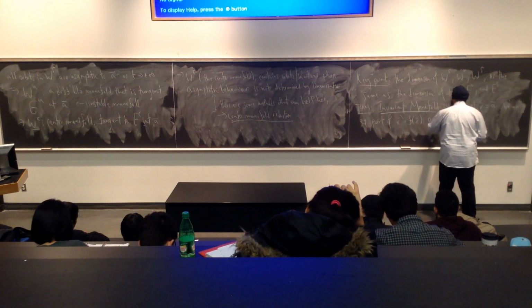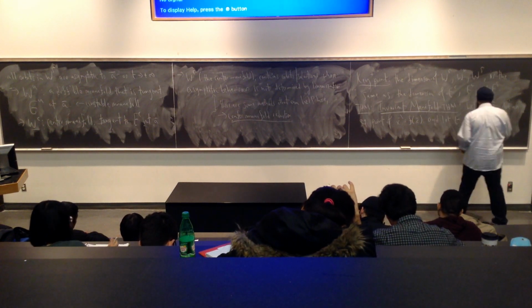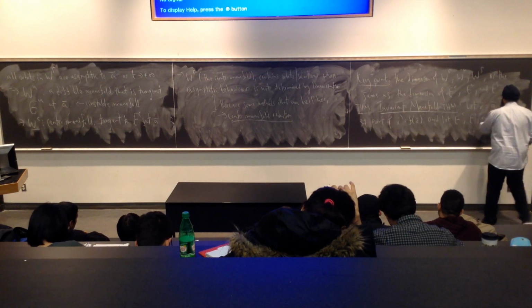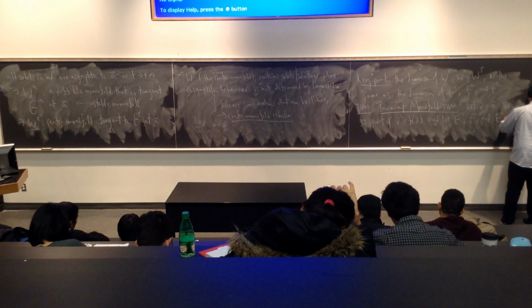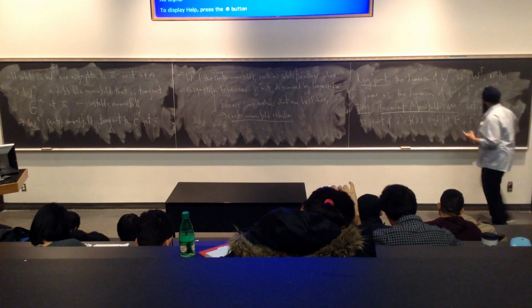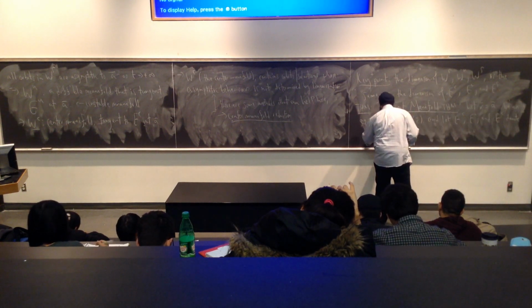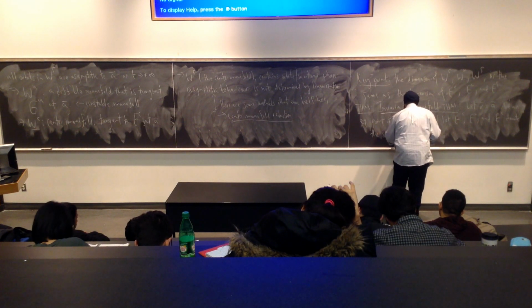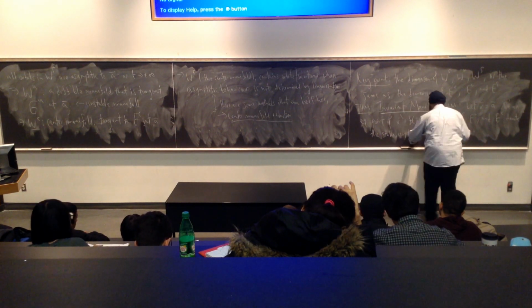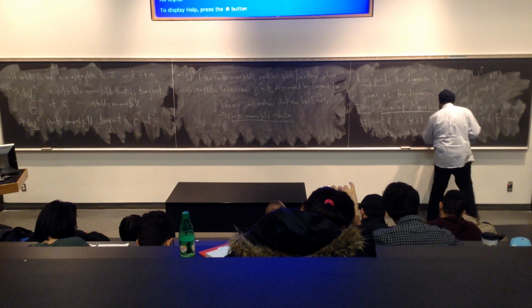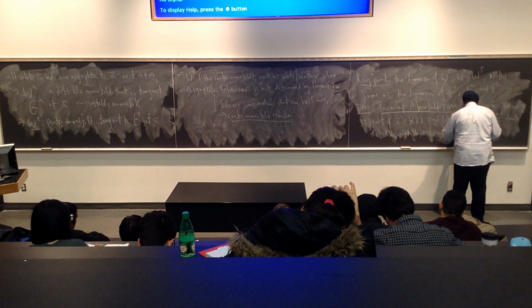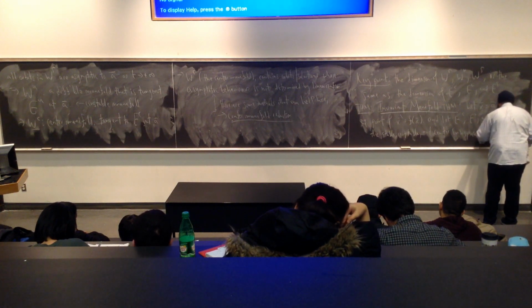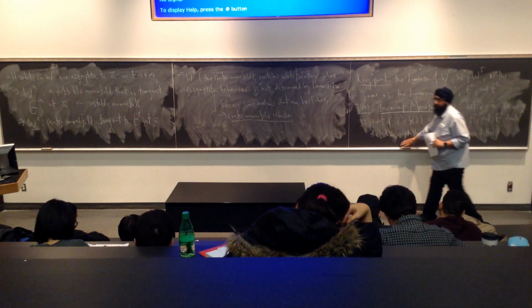And let ES, EU, and EC denote the stable, unstable, and center subspaces of the linearization at A.